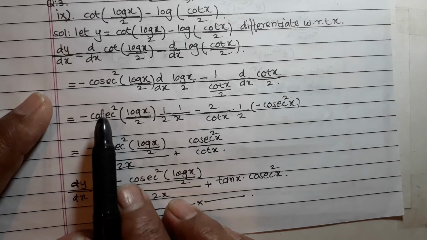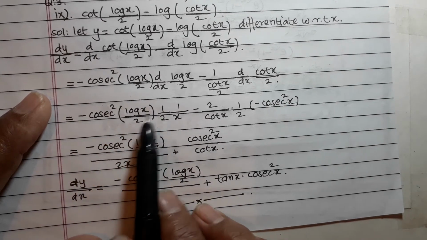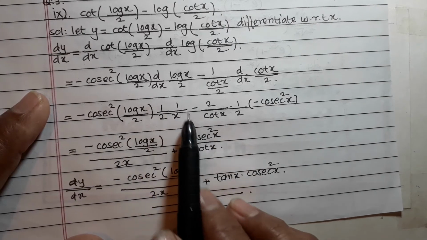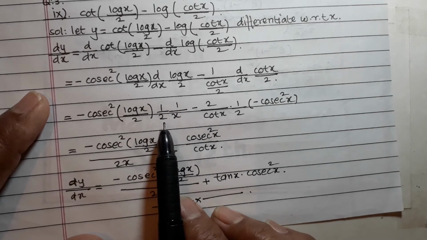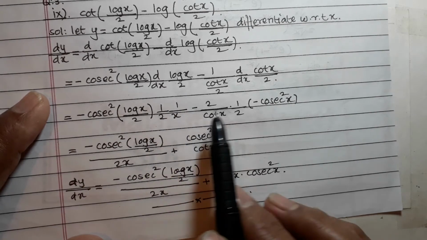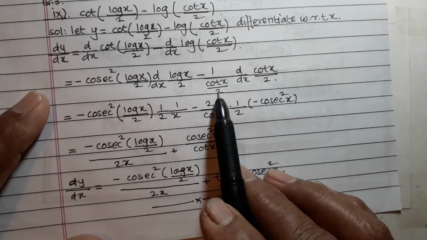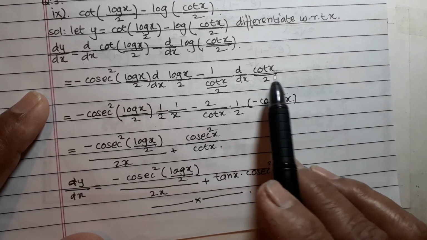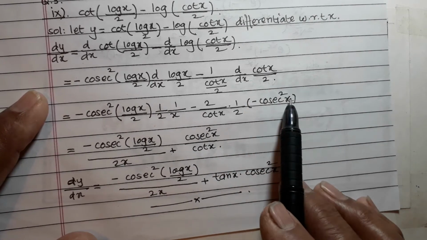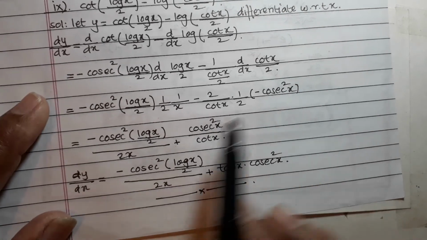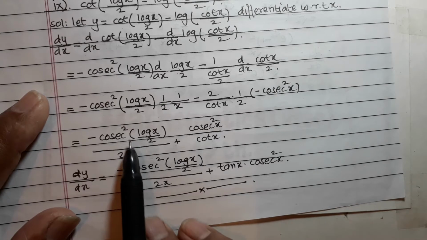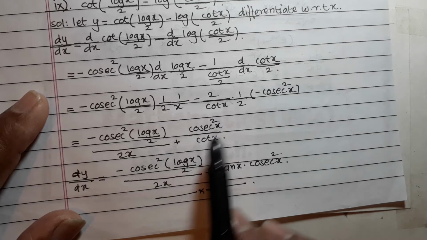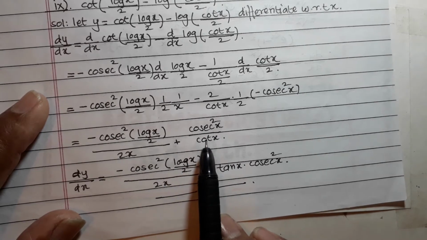So it is equal to minus cosec square log x upon 2 into, this is derivative of log x is equal to 1 upon x, and this 2, 1 upon 2x, minus this goes up, 2 upon cot x into 1 upon 2, and derivative of cot x is equal to minus cosec square x. Okay, and is equal to minus cosec square x into bracket log x upon 2x plus cosec square x upon cot x.